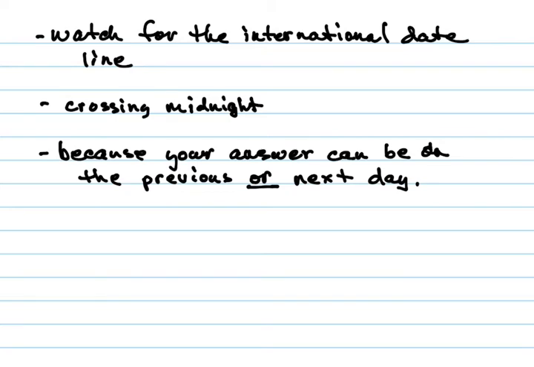If you cross midnight by subtracting, then that means you're going to the previous day. But if you cross midnight by adding, that means you're going to the next day. Right? If you cross the international date line, then you're in the next day. Does it make sense? All right.